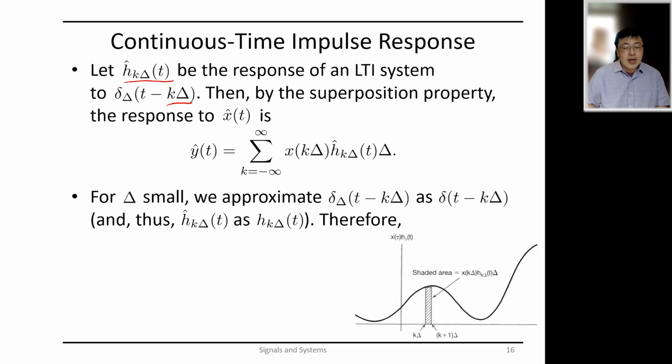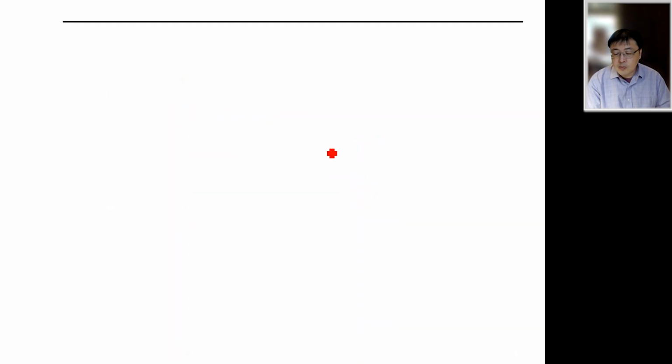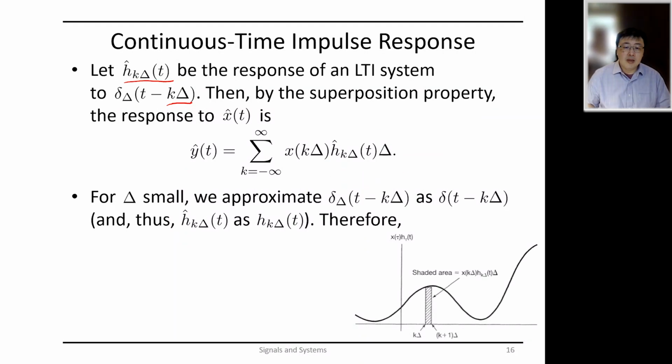So suppose that h hat sub k delta of t is the response of the linear time invariant system to this very short pulse. Okay. So then by the superposition property, the response to this x hat, which is a superposition of these very short pulses, is then a superposition of their corresponding responses.